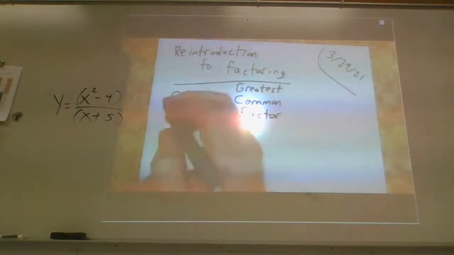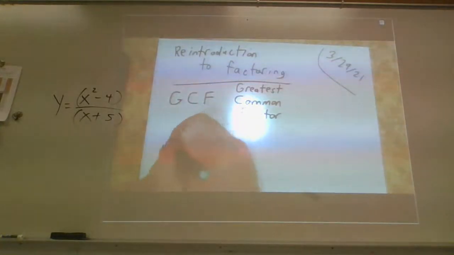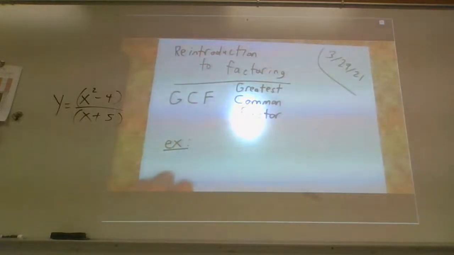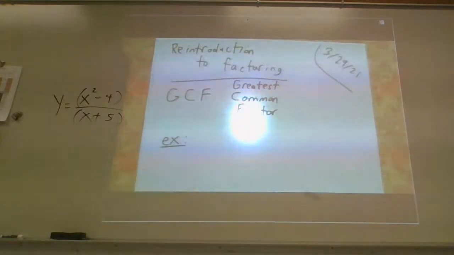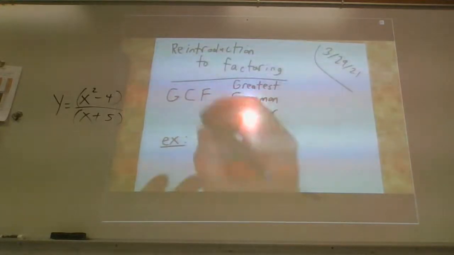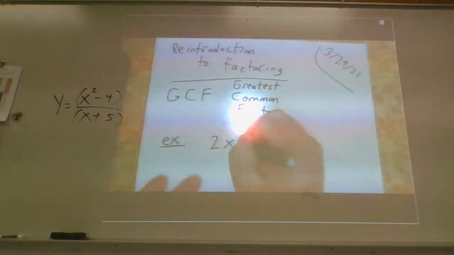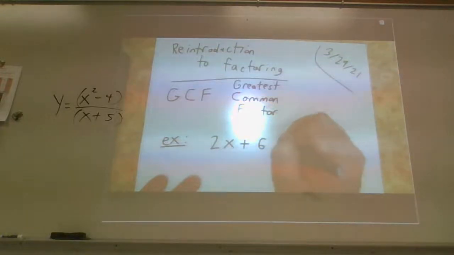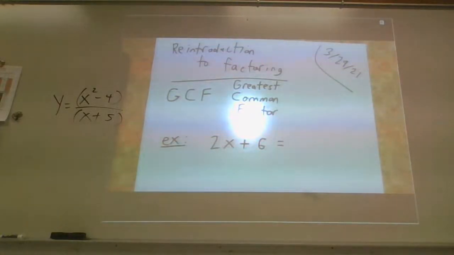I'll give you a couple of basic examples of greatest common factor, because greatest common factor is a form of factoring. I look at something like this, and I ask you, what is the greatest common factor? It has a 2 in common.